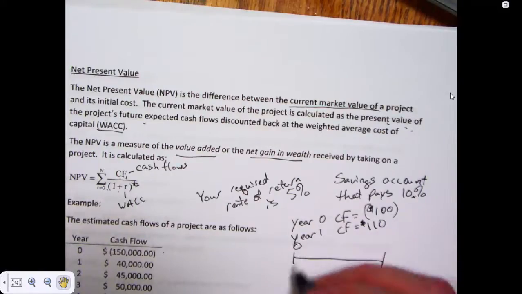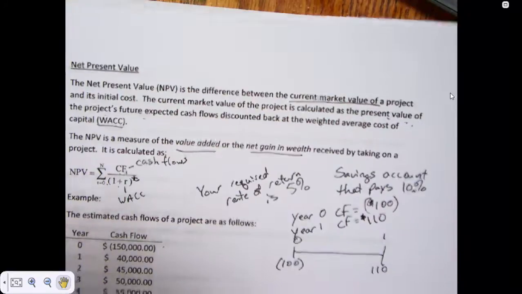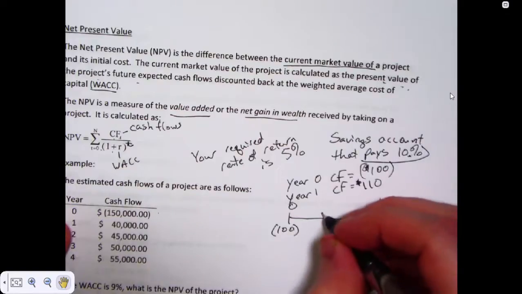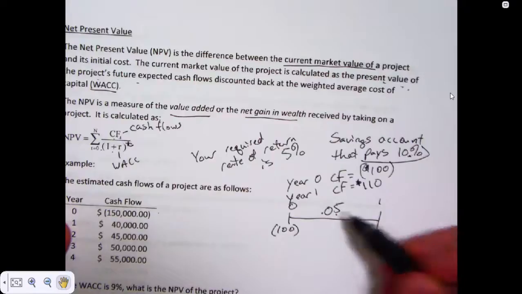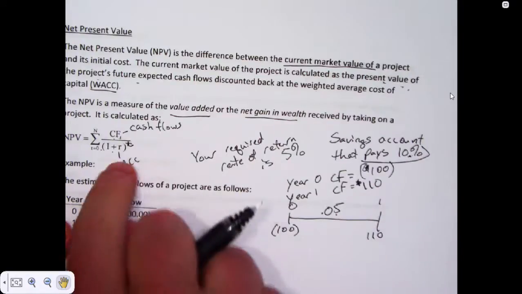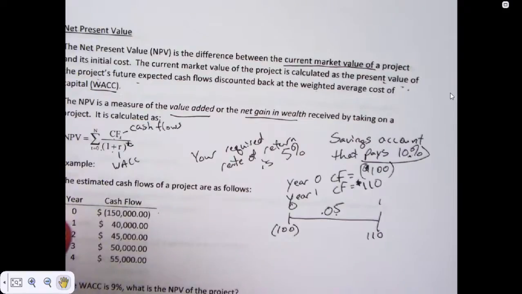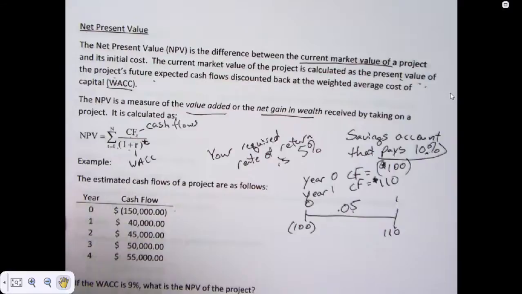At time zero, I put in $100 into my account. At time one, I received $110 because I earned 10% interest, because that's what the account paid. And I'm going to discount that back at my required rate of return, which is 5%. So if I use this equation up here, and by the way, we won't use this equation because we have financial calculators and we have Excel, and they are wonderful, and we're going to use them because they make life a lot easier, but I wanted to show you what this would look like.